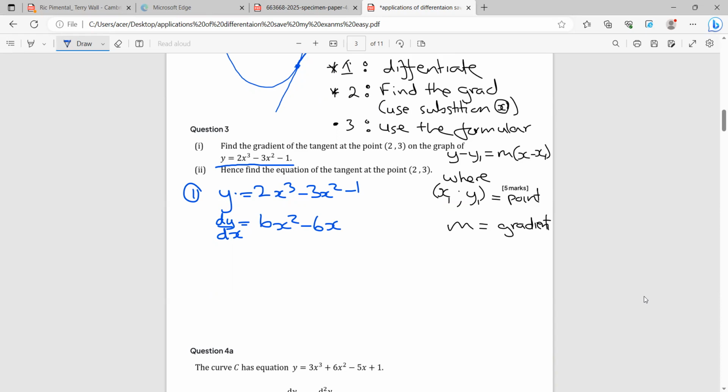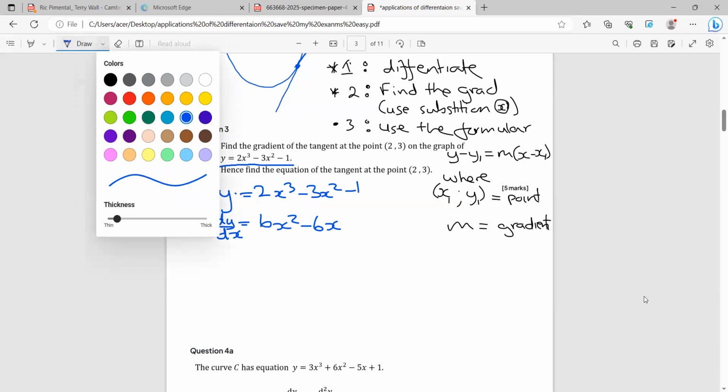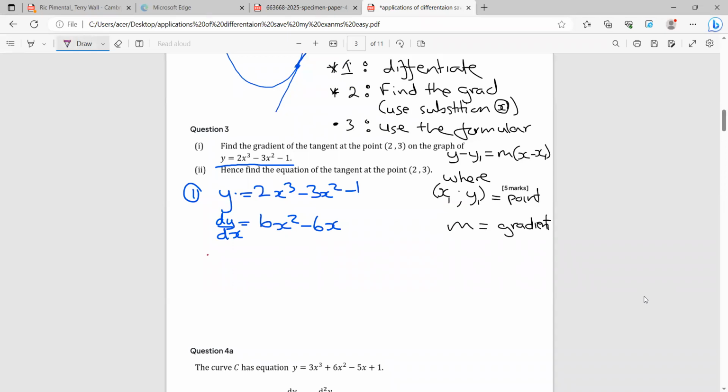Now we want to move on to step 2. Let me find another color here. Magenta, okay. For step 2, we're supposed to find the gradient using substitution. Here we're given the point. I'm just going to write the point.